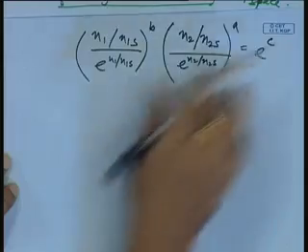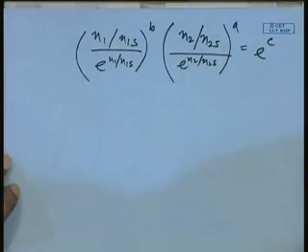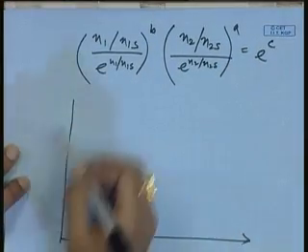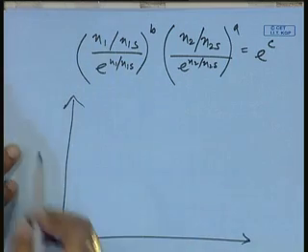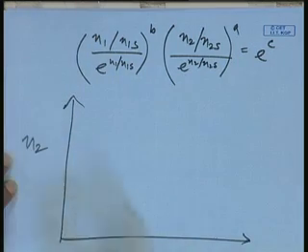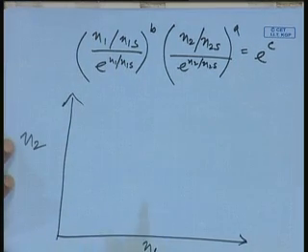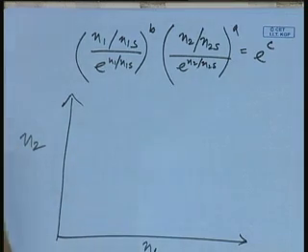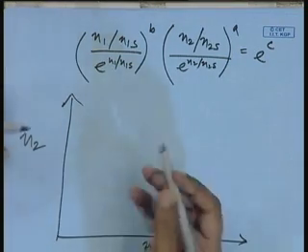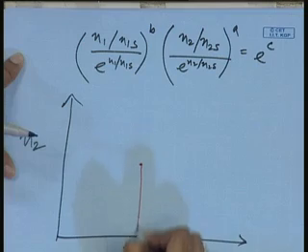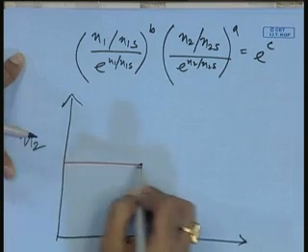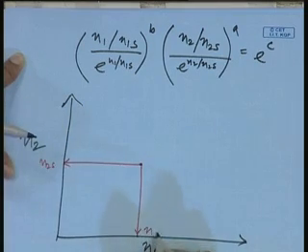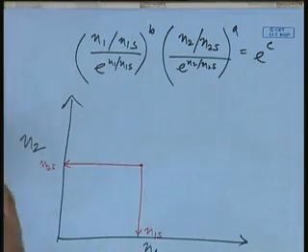So, what is the plot in the phase space? How does the plot look? Let us draw this. This is a phase space, remember. So, there is no time here. One axis is n2, the other axis is n1. So, let us say this is my center, the steady state point, n2s and n1s.